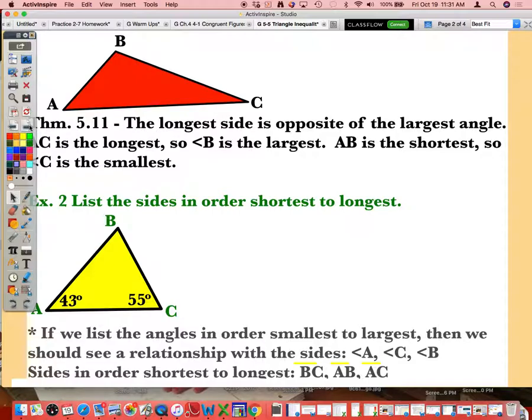So when we look at this picture, what angle seems to be the biggest? What's the biggest angle? This angle up here. Oh, I was looking at the bottom triangle. This angle up here is the biggest, right? So that means that AC needs to be the longest.